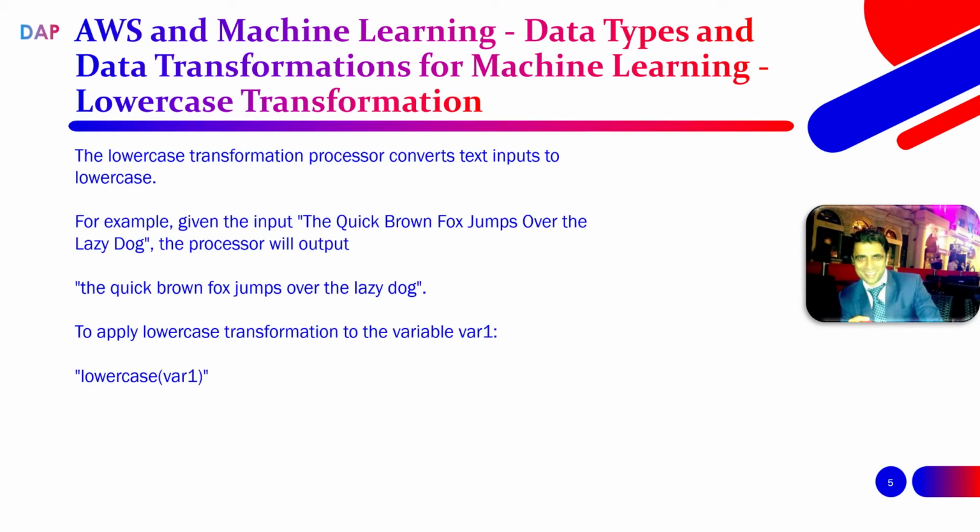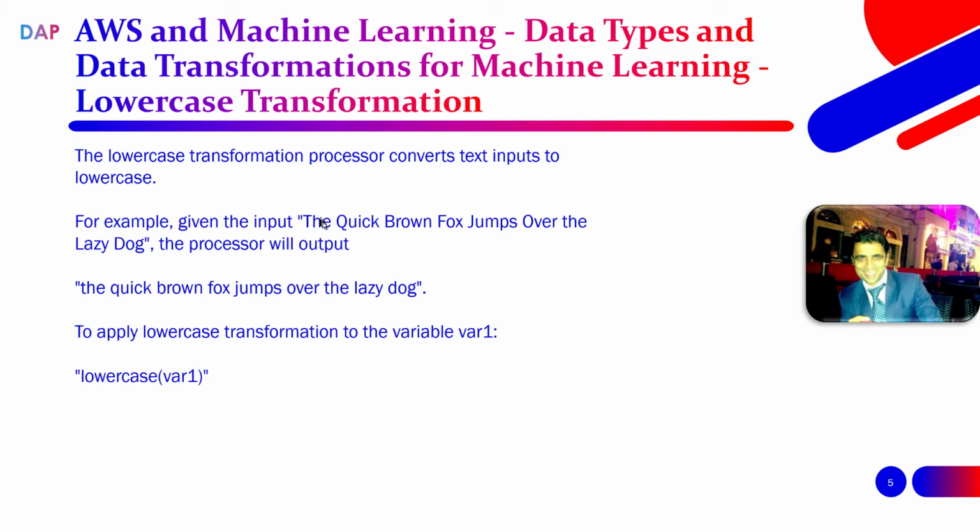So here it is. The lowercase transformation process converts text inputs to lowercase. It's simple, to the point, nothing special, nothing difficult here. For example, given the input "The Quick Brown Fox Jumps Over The Lazy Dog", you can see that it's all in camel case, which means every word begins with a capital letter.